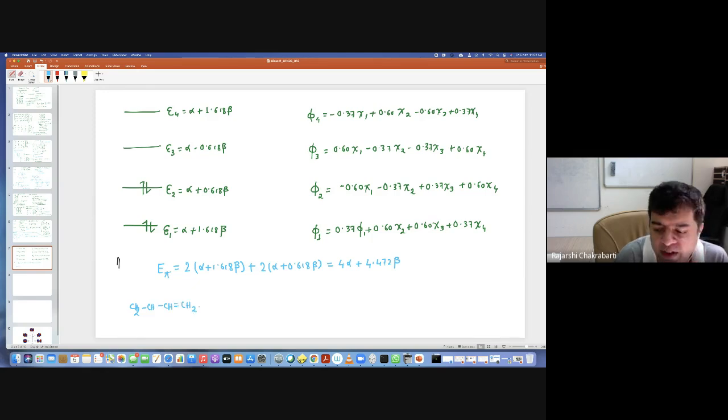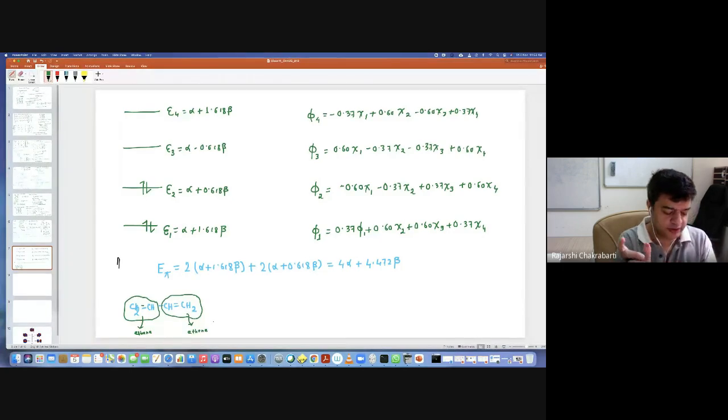Now, if I consider only this part, it is similar to this part, no? This is also ethene kind of thing. You have two ethene units, obviously connected to form butadiene.